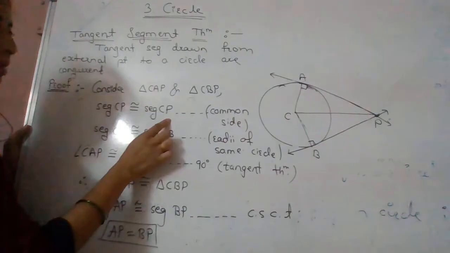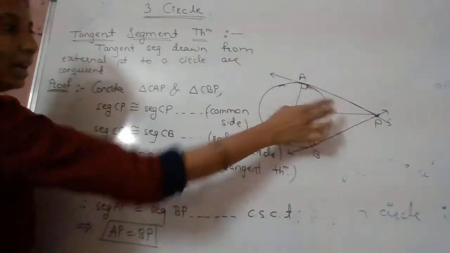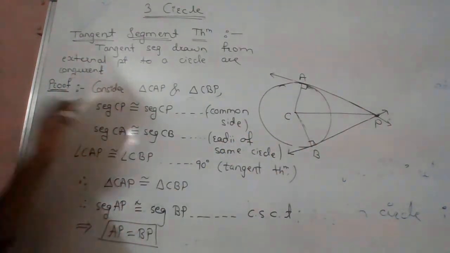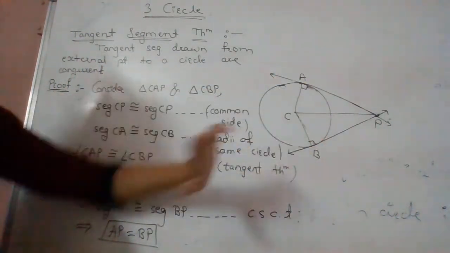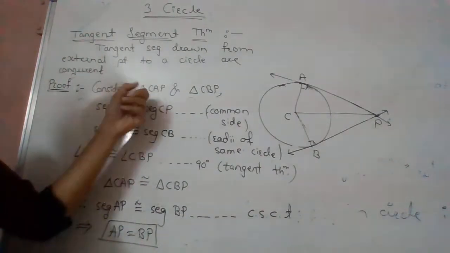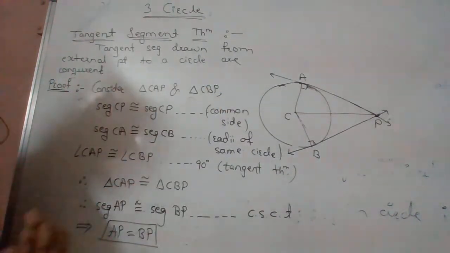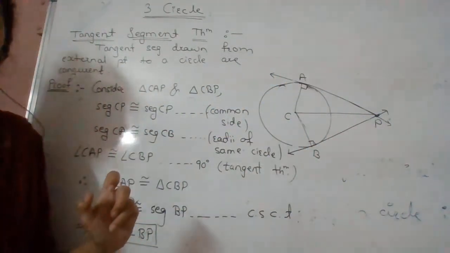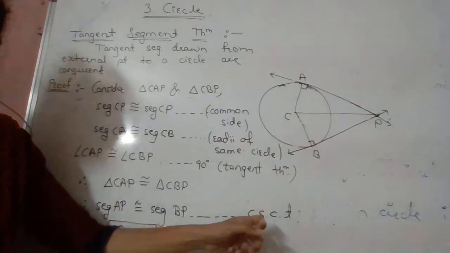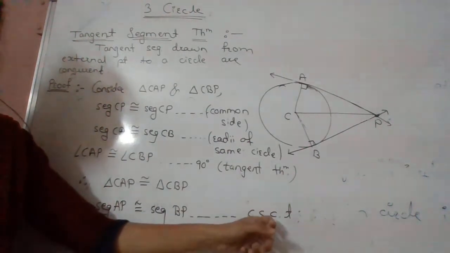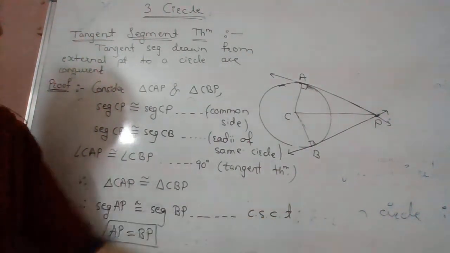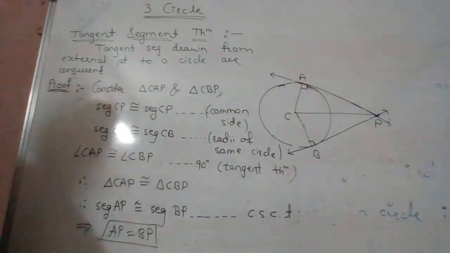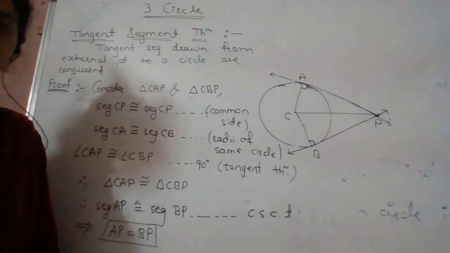CP is congruent to CP because it is the common side. The radii are equal because they are radii of the same circle. The angles are 90 degrees according to the tangent theorem. Therefore, the two triangles are congruent. Since the triangles are congruent, AP and BP are also congruent, as they are corresponding segments of congruent triangles. Therefore, the two tangents are equal. So our second tangent theorem has been proved. Just go through it.